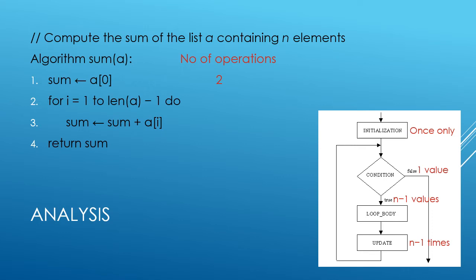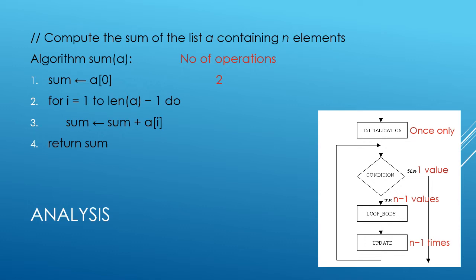My next question is, how many times will I check whether the value of the counter variable is valid or not? I will check the condition as many times as the true values plus one false value. I have n minus 1 true values plus one false value.